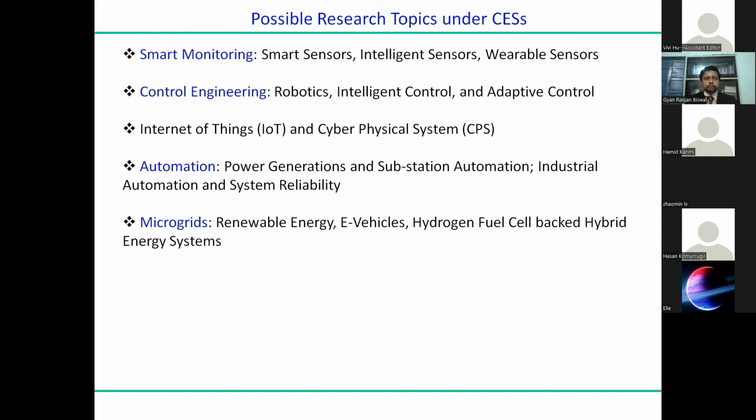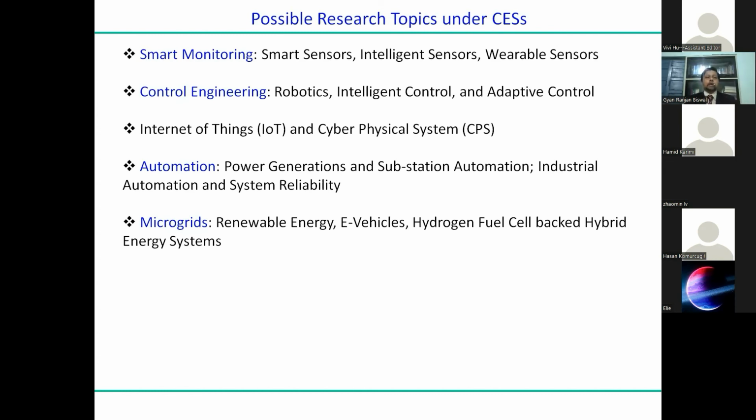Okay, we can fix one domain for the industrial Internet of Things and cyber physical systems. Or in a broader sense, for automation concerning power generation and substation automation tools, industrial automation, biomedical instrumentation, and system reliability, because system reliability is common to mechanical engineering and instrumentation engineering.